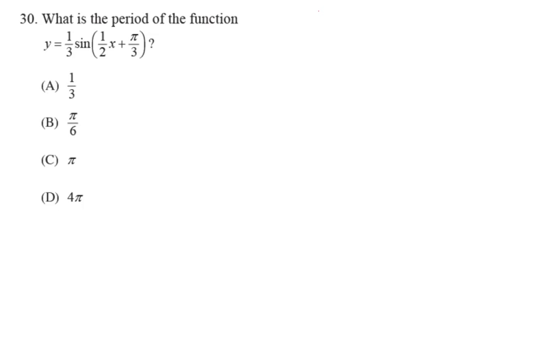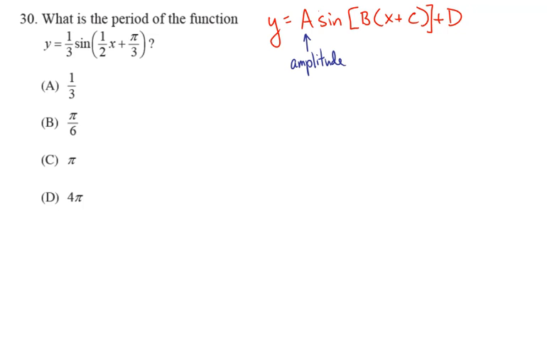With problem number 30, we're trying to find the period of the function y equals 1/3 sine of 1/2 x plus pi over 3. The basic structure of a trigonometric function looks like this, where A is the amplitude, B is the compression factor, and it determines the horizontal compression or stretch.